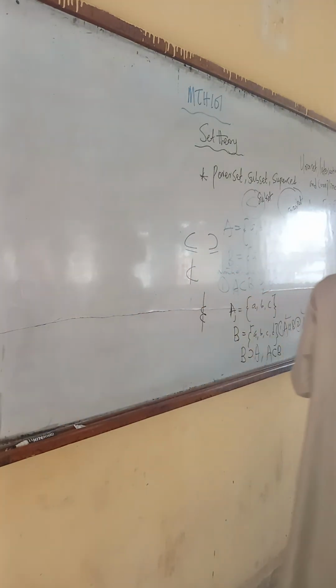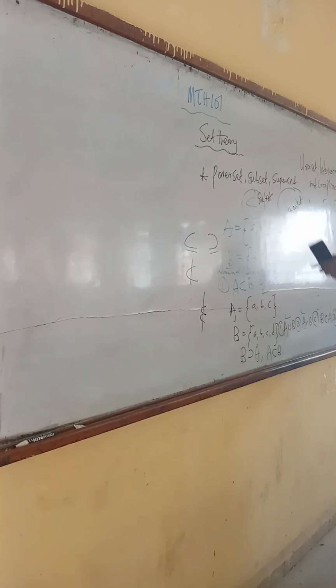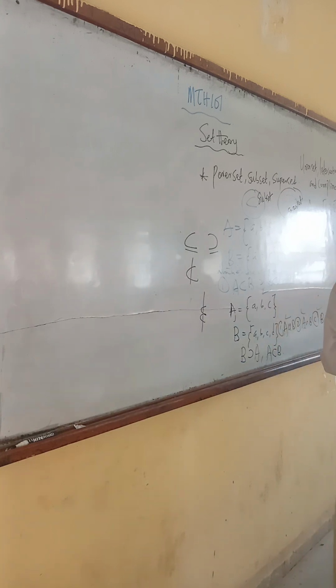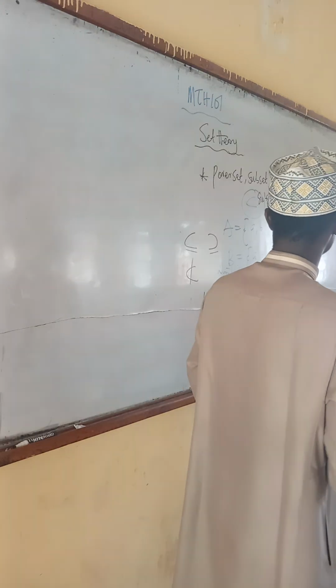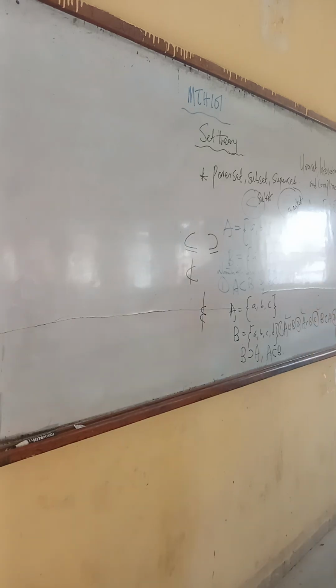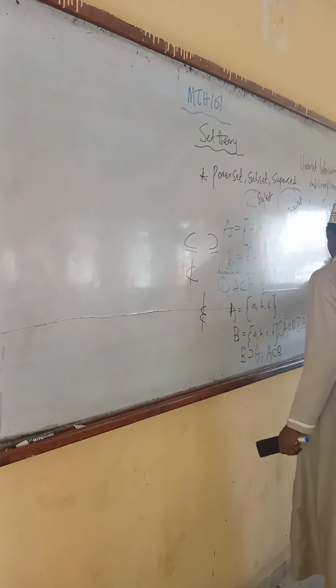So the second one, which is what? Intersection. Intersection of the set. Intersection of a set, right? It is denoted as this, like N or something.